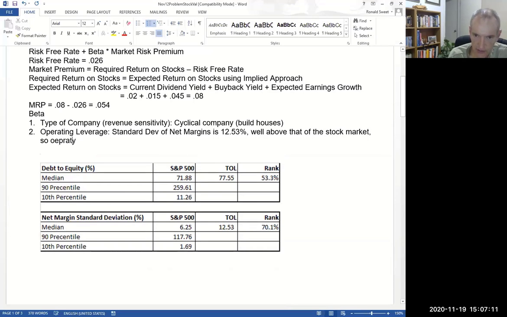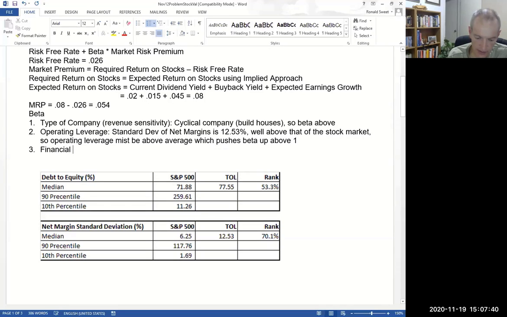So operating leverage must be above average, which pushes beta up above 1 as well. So beta above 1 because it's a cyclical company. Volatile net margins, which implies high operating leverage. So that gives you a beta above 1.